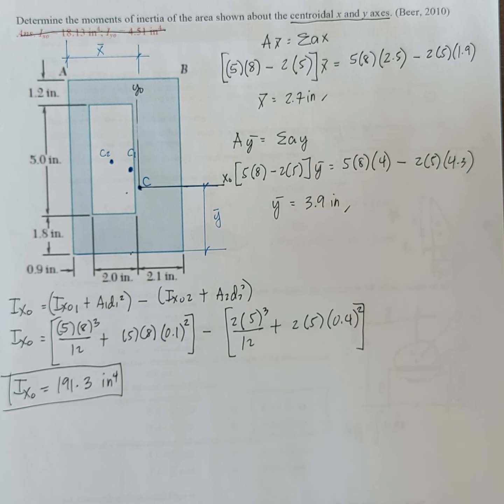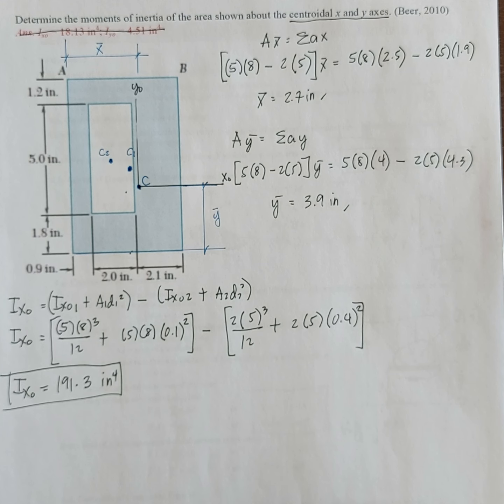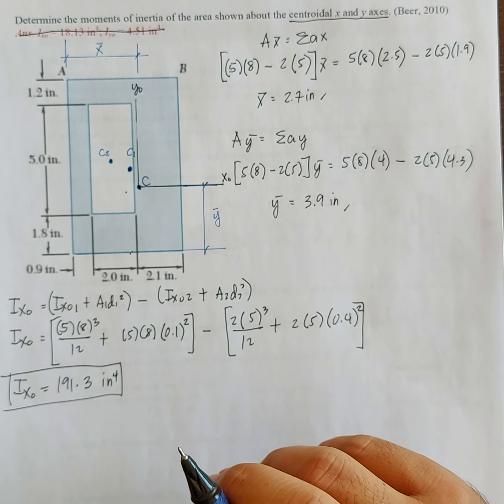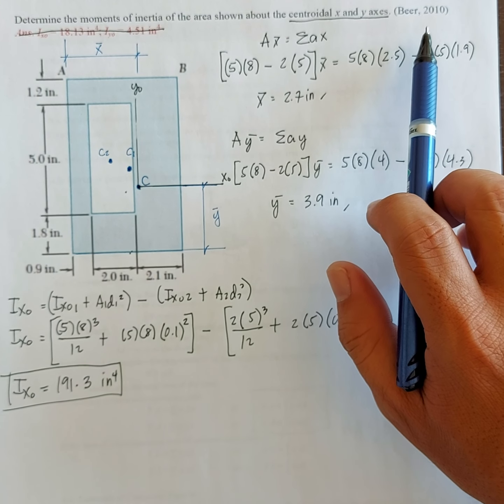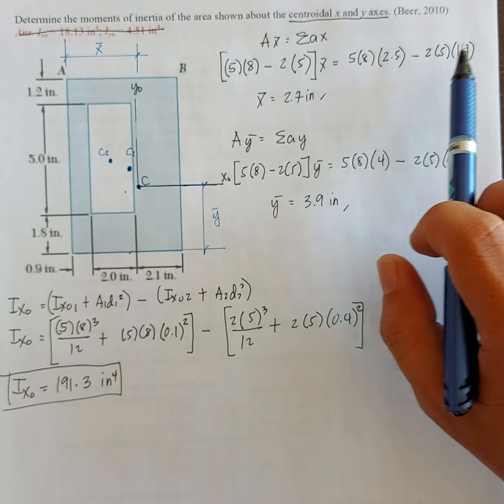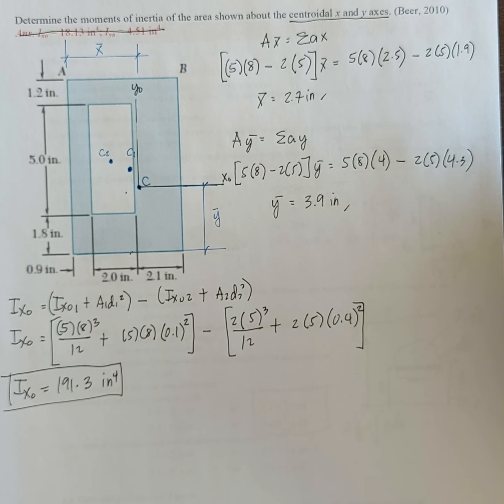Iba po yung nakopya ko na sagot doon sa may libro. Okay. So hindi po yan. Ito po ang tamang sagot. Okay, 191.3 inches to the fourth, IXO. Alright? Okay. You may check dun sa libro ni Beer if you have a copy. I don't know if available yan sa internet. Beer, 2010. Beer and Johnston ba? Kalimutan ko na. Anong... Yan. So, next, solve for IYO naman.